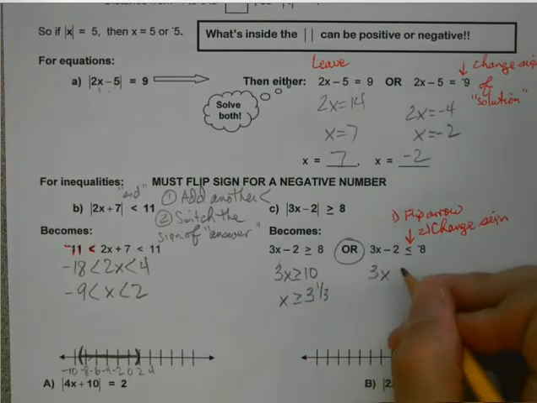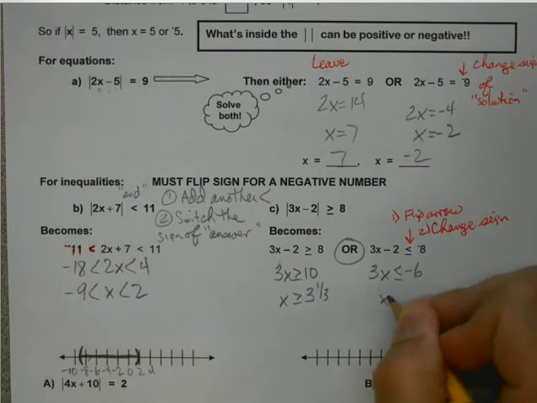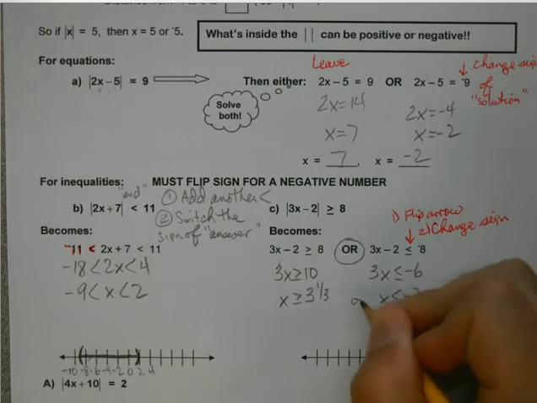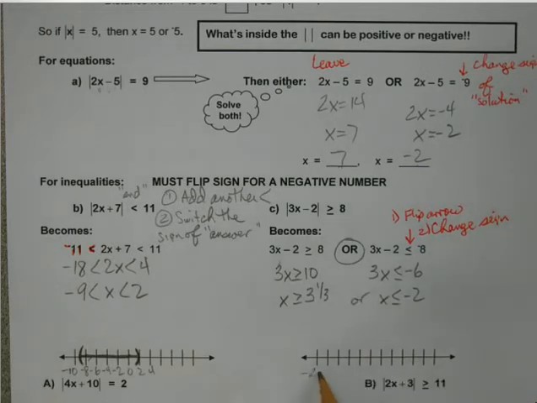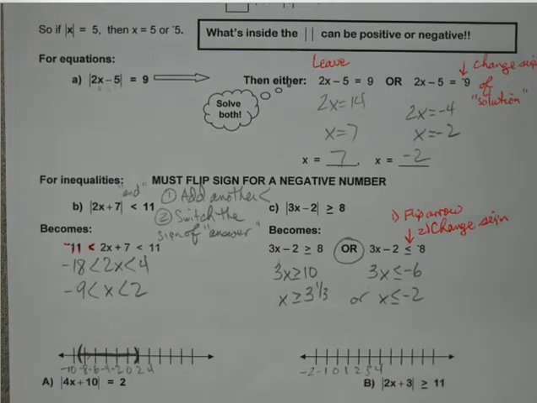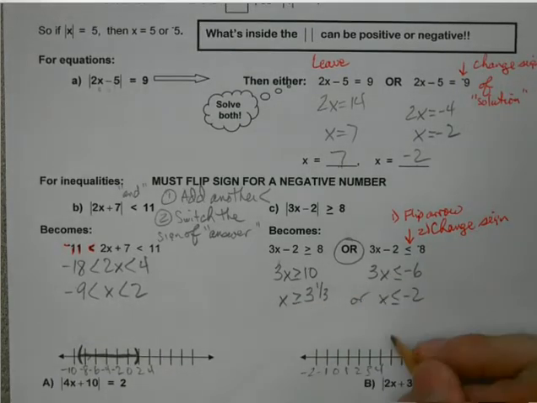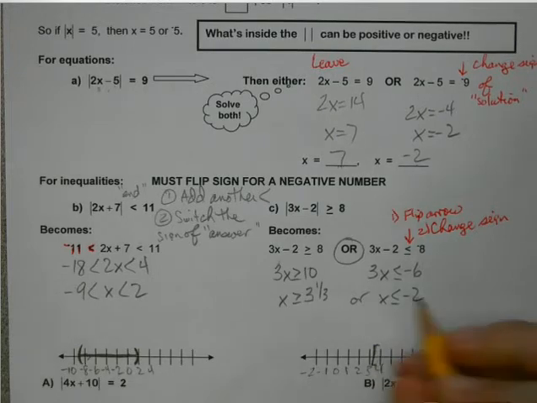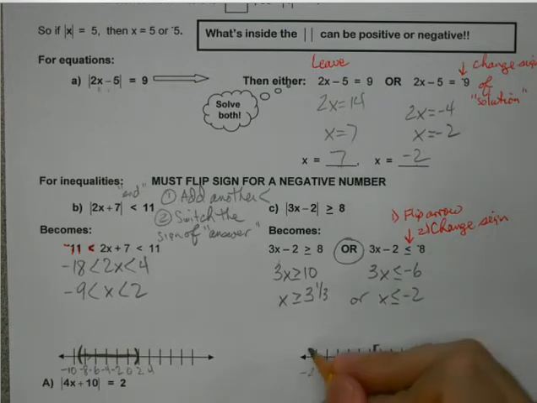So we work on solving both of these. So x is greater than or equal to 3 1/3. So again, we're in the ballpark here. Or equal to makes it a bracket. X is less than or equal to -2.